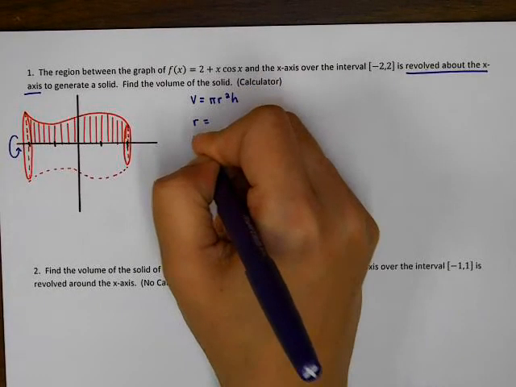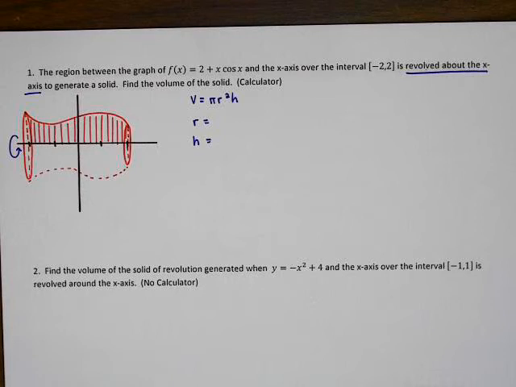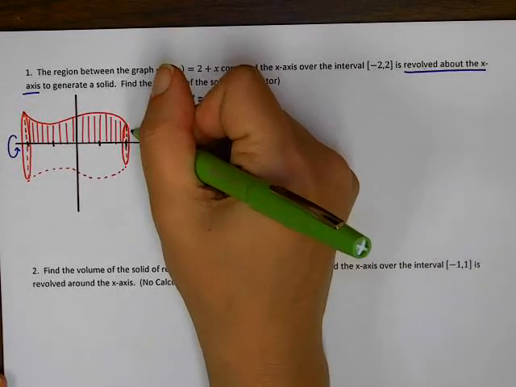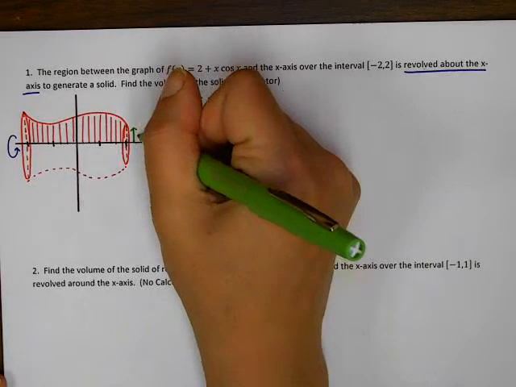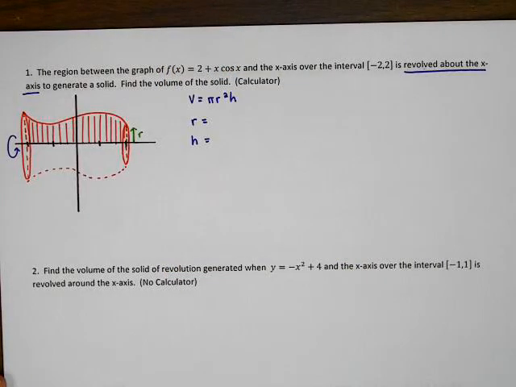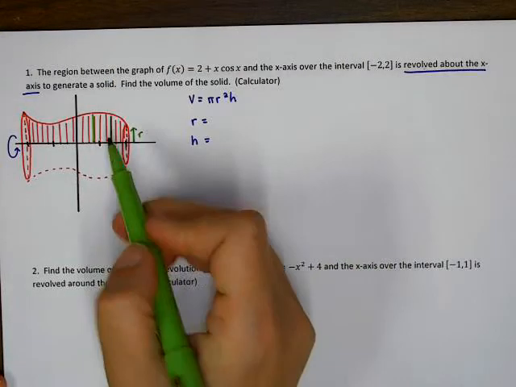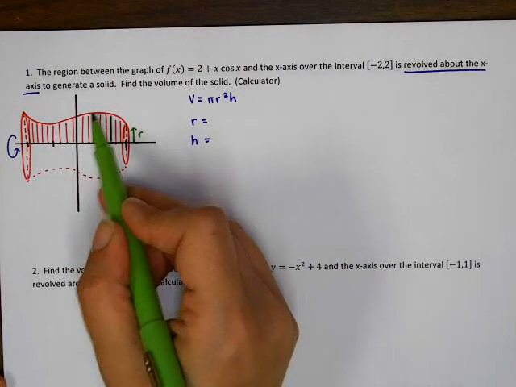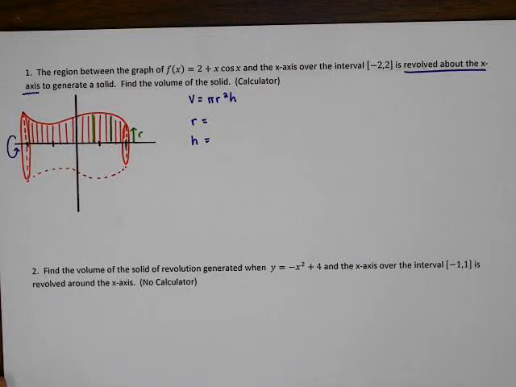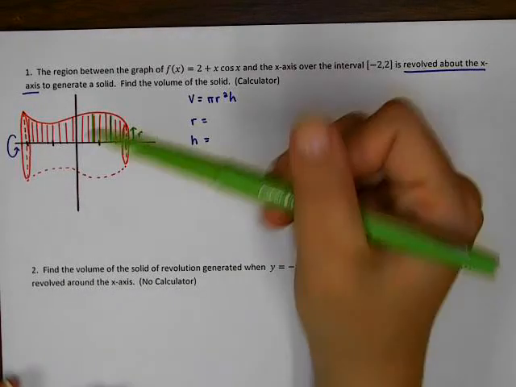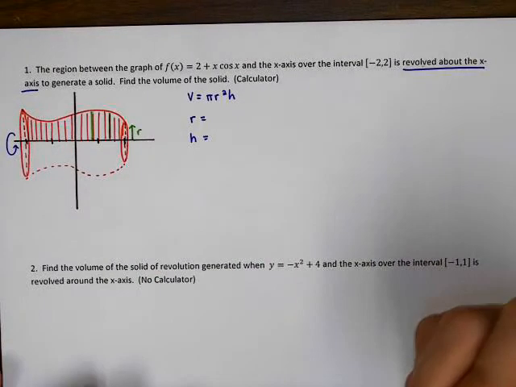Now, in order to be successful, I'm going to need to know what was my r and what was my h. So it looks like for each of these cylinders, which I can kind of visualize by looking at this circle, the r would be this distance right here. And it doesn't matter where you are in the picture, the r is the distance from the x-axis to the actual function, is the radius of your cylinder. So in order to figure out that distance, because this is a vertical distance, we would do top minus bottom.